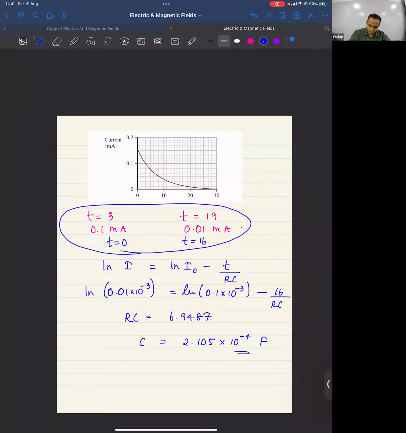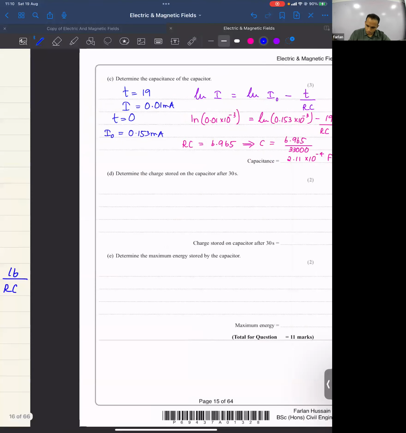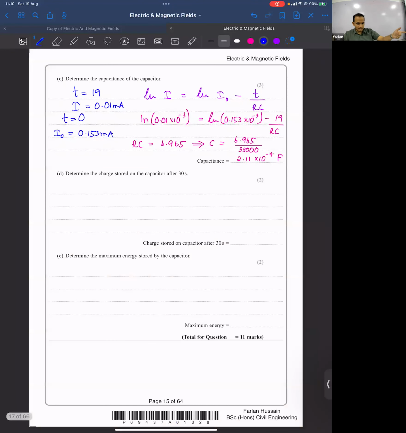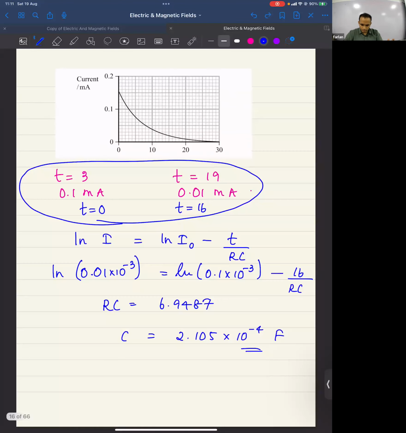What did we get before? 2.11. That means the estimation that I made for the initial current as 0.153 is a very accurate estimation. Do you understand what I'm saying? Here we got 2.11 into 10 to the power minus 4. Here I am getting 2.105 into 10 to the power minus 4, which is very, very close.